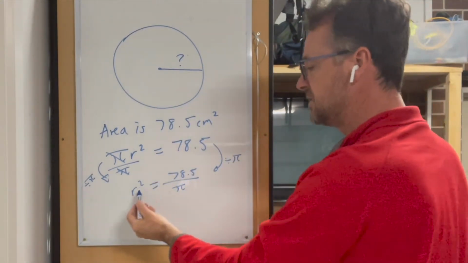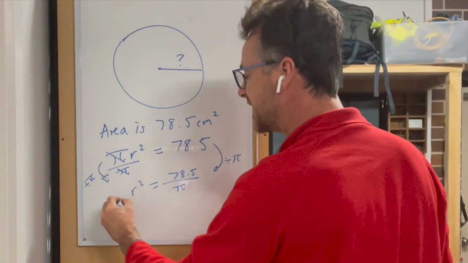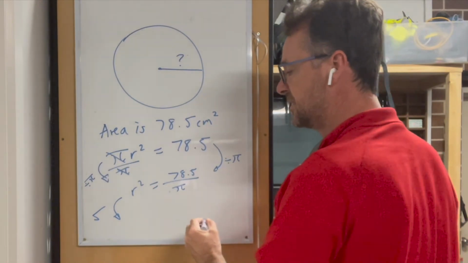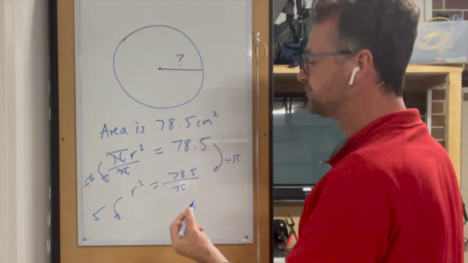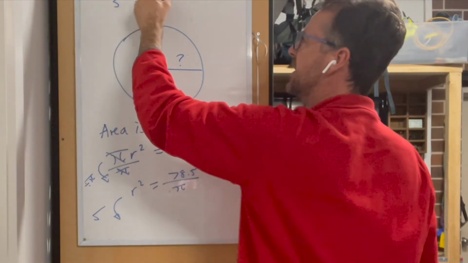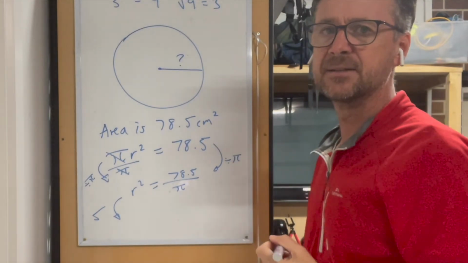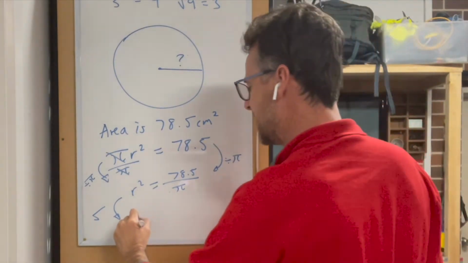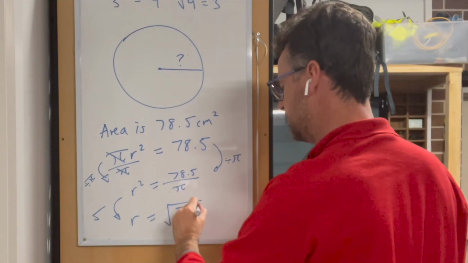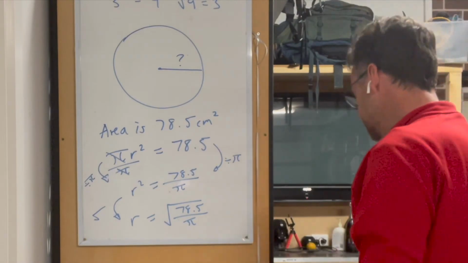The next thing is we want to undo the r squared. To do that, we want to find the square root of that, the square root of r squared. You can think about it this way: if you had 3 squared equals 9, then the square root of 9 equals 3. So it undoes that. So we want to then go r equals the square root of 78.5 all over pi. Now that we can put into our calculator.